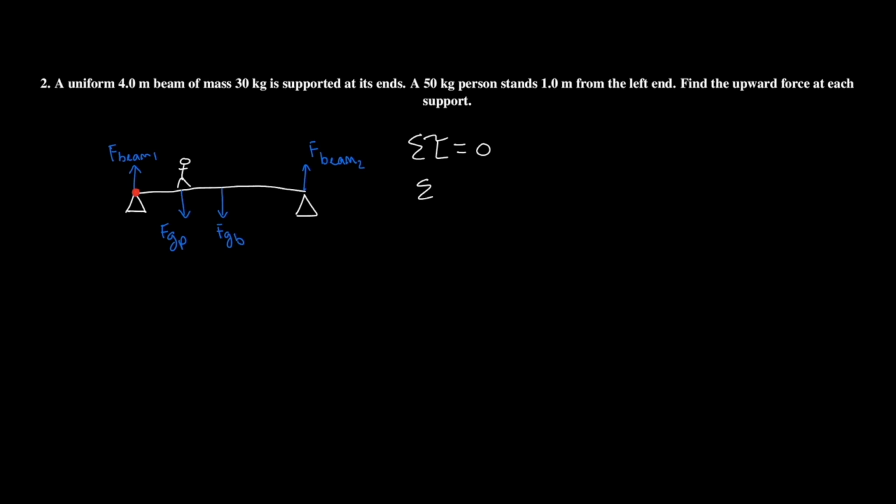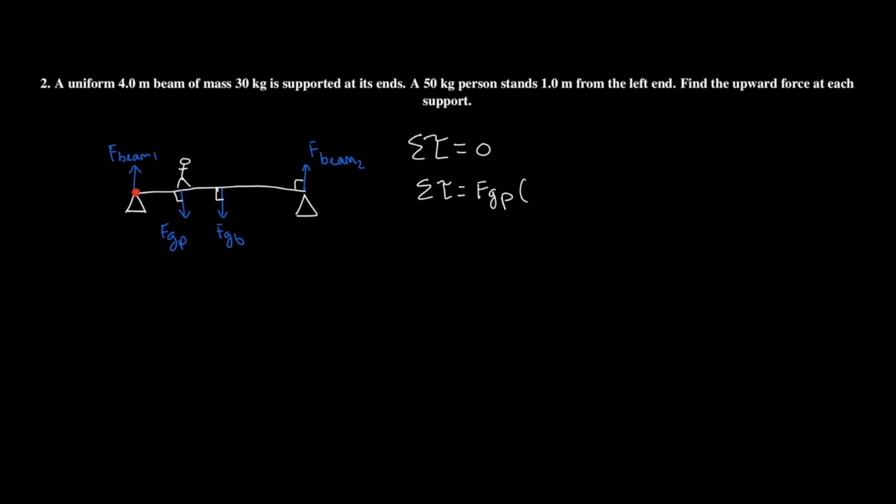And we also know that the sum of our torques is going to be equal to the force of the person times sine, our angle is 90 degrees. In fact, all of our angles are 90 degrees here, so we can omit the sine theta part for all of these, and that turns our torque into just F times R.